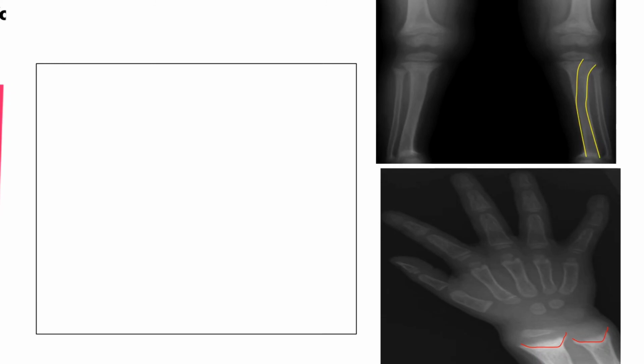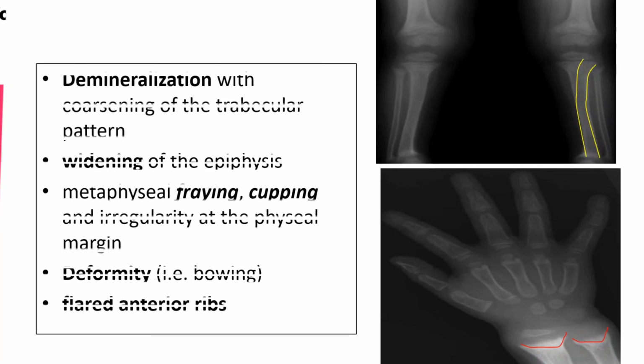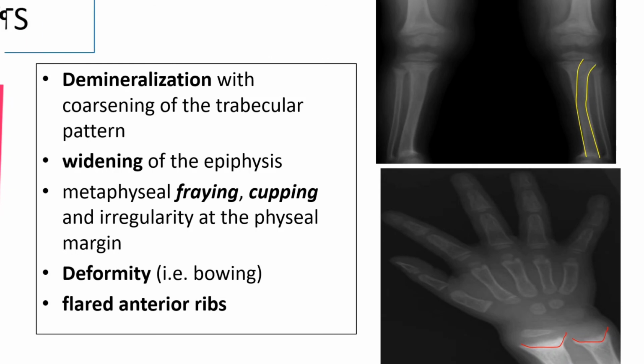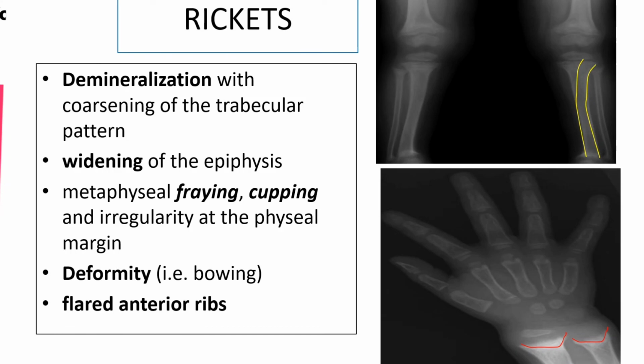This is due to demineralization of the cortical or trabecular pattern, and there is widening of the epiphysis, cupping and some fraying. You can see a fraying lesion, and deformity of the bones, such as bowing of the bone, and frontal lips may also be found, that are in rickets.